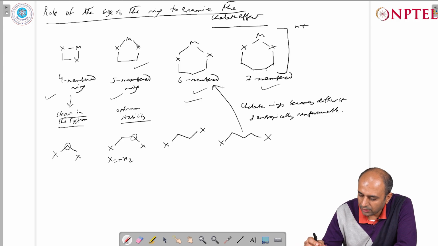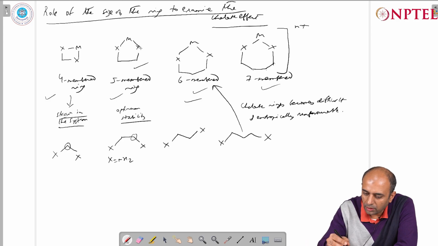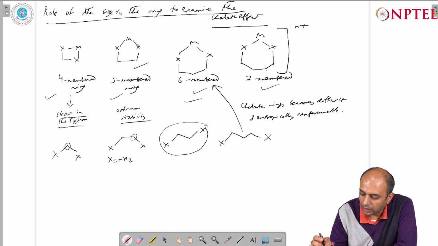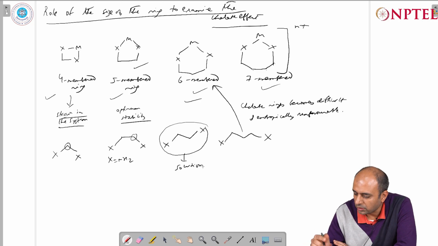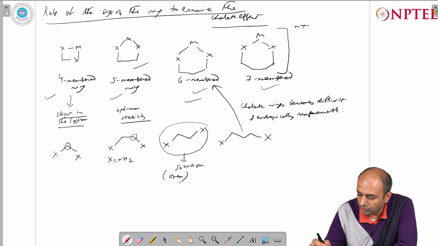So, you can see here that in order to form the cyclic chelate ring, there must be a change in the conformation of this particular ligand, because in reality, when this particular complex is formed in solution, it exists in different conformations. This is the open conformation, and there must be a change in the conformation, because this must convert into this particular conformation, and then this is more effective in chelation.